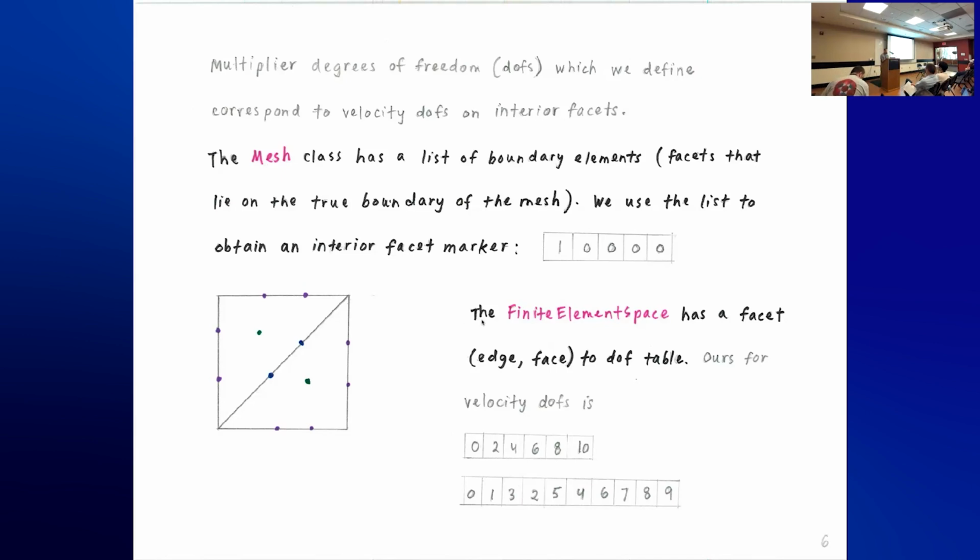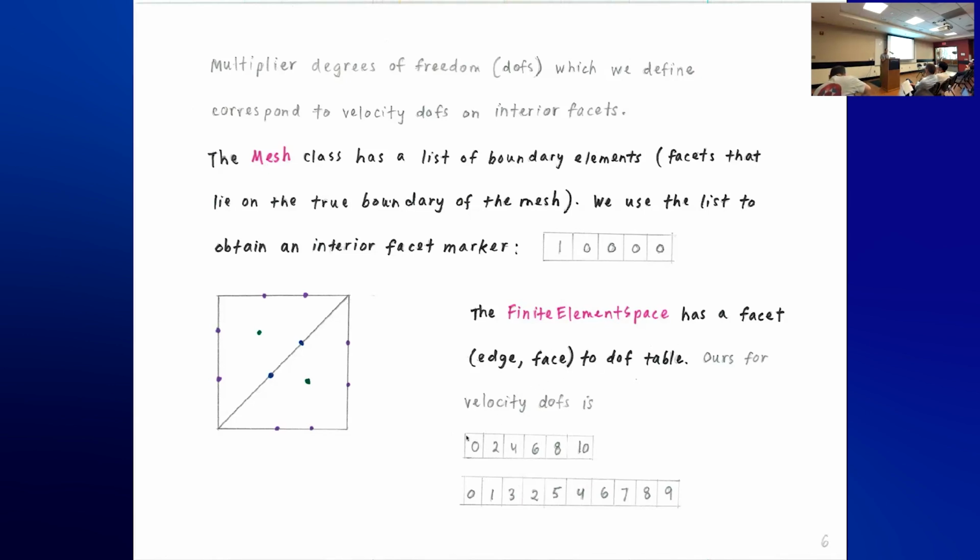Okay, the finite element space has a facet, edge, or face to DOF table. For this example, this is the table. Tables are stored in compressed sparse row format, CSR format. So, facet to DOF table.